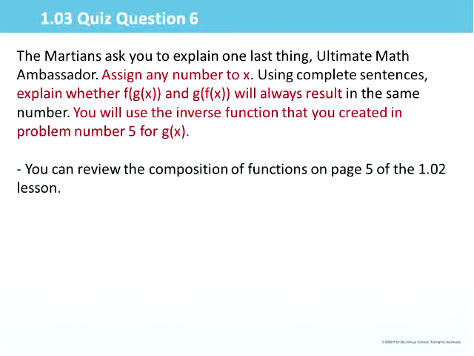So those two functions that you already have, if you've done the assignment correctly, you're going to assign a number to x and plug those in and see if those two composite functions will result in the same number. To review your composites, that's page 5 of lesson 1.02.